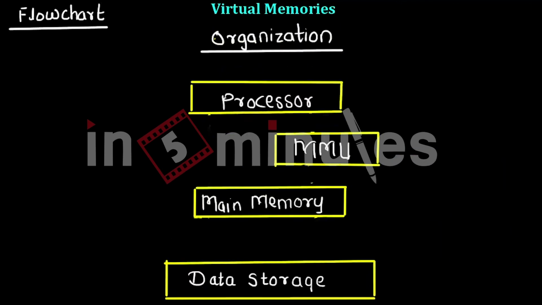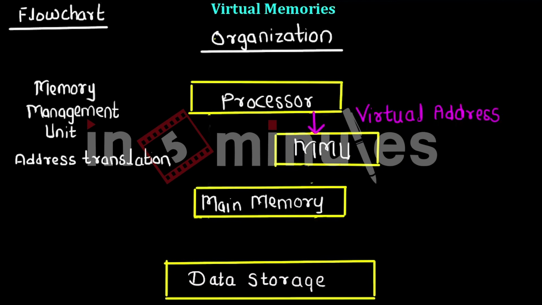Now let's quickly look at the organization of the virtual memory. It has a processor, then it has a memory management unit. The processor issues the virtual address to the memory management unit, MMU. It is used for the address translation. It generates the physical address. Then the main memory is accessed. If the data is present, then the data is fetched to the processor.